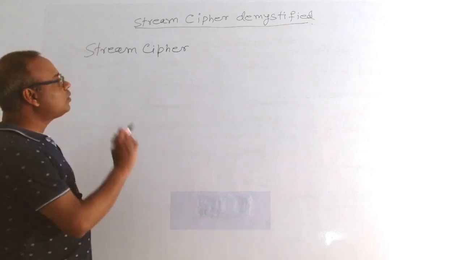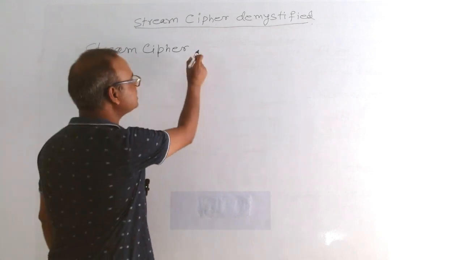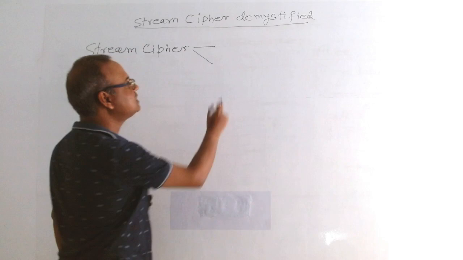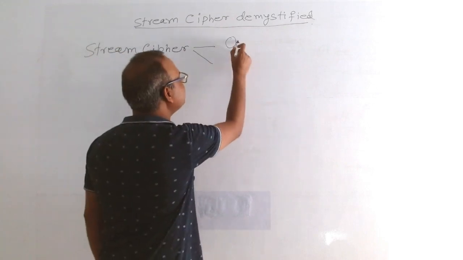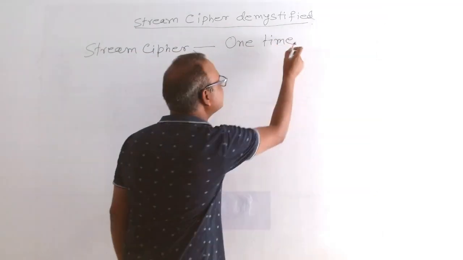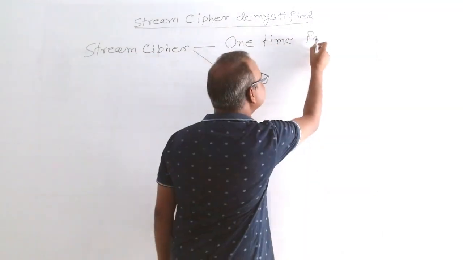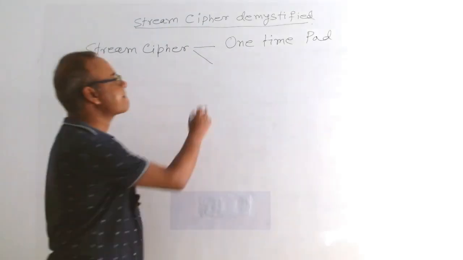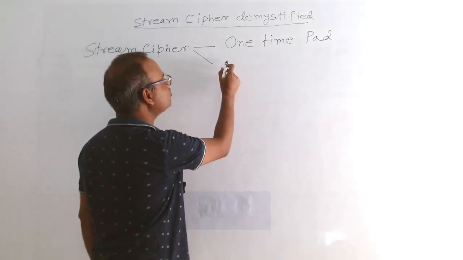So what is stream cipher? To start with stream cipher, we have to learn two basic things. One is OTP, or one time pad. Another one is PRG, pseudo random generator.